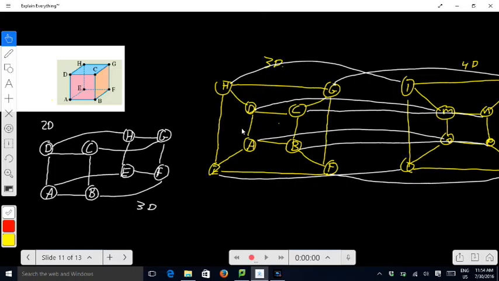So the number of faces, we've got 1, 2, 3, 4, 5, and 6 faces. We've got 12 edges. So 6 faces, 12 edges, 8 vertices.